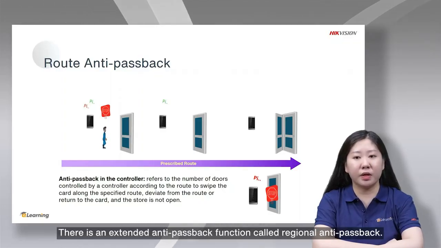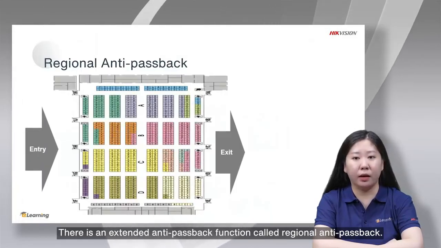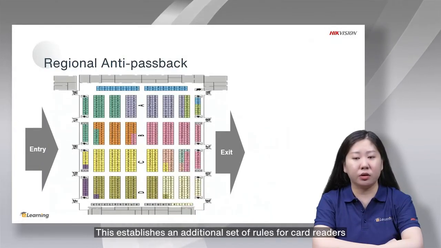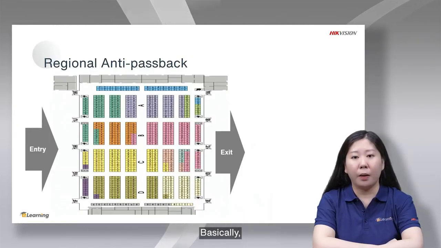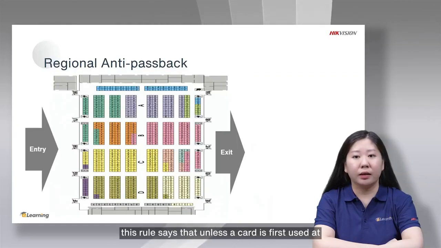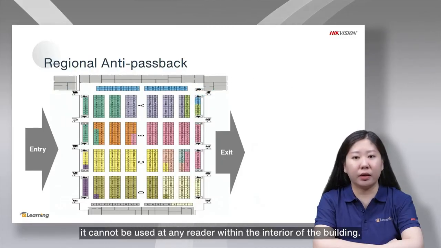And there is an extended anti-passback function called regional anti-passback. This establishes an additional set of rules for card readers inside the building itself. Basically, the rule says that unless a card is first used at a reader at the building exterior, it cannot be used at any reader within the interior of the building.